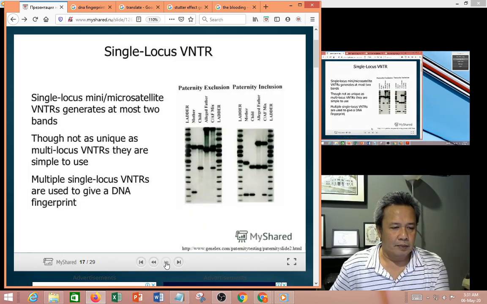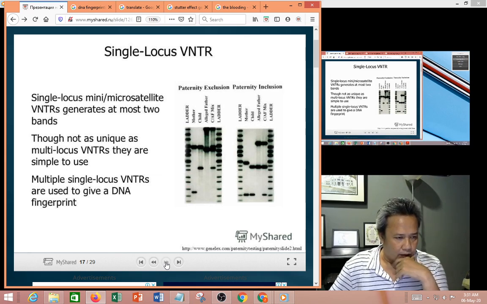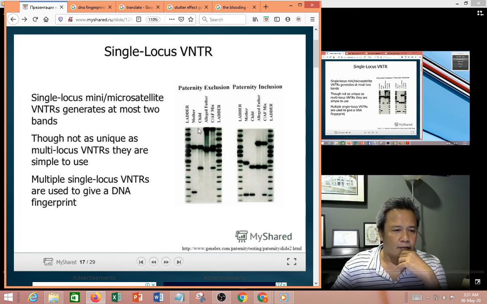So this is an example. All right. So one mother, child. This is the alleged father. You can see that if that is the mother, if that is the child, now that band must come from the father.